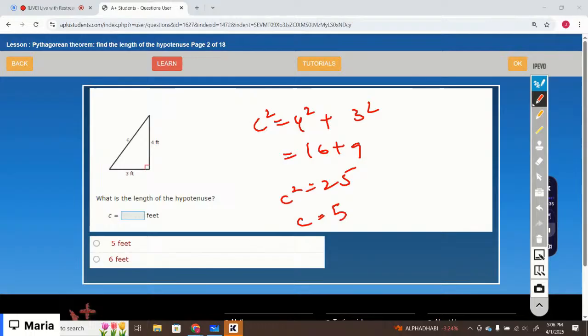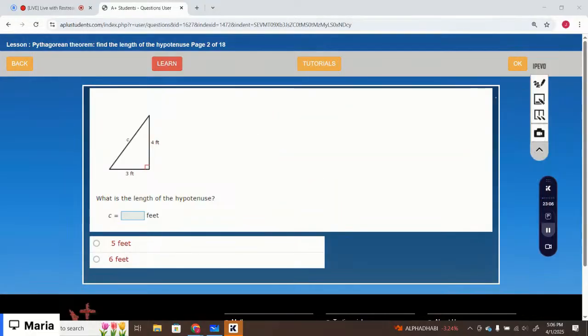Option number 1 is the correct option, that is 5 feet.